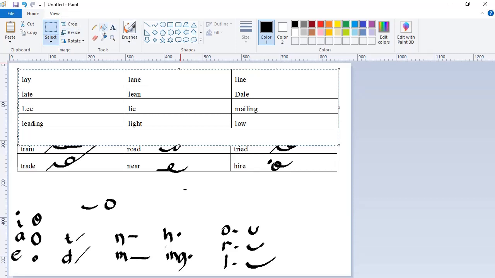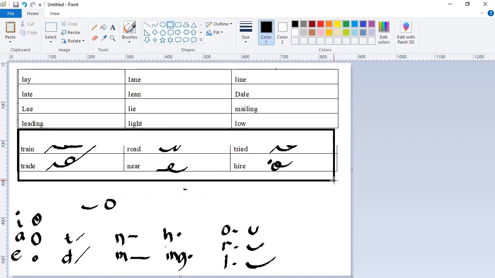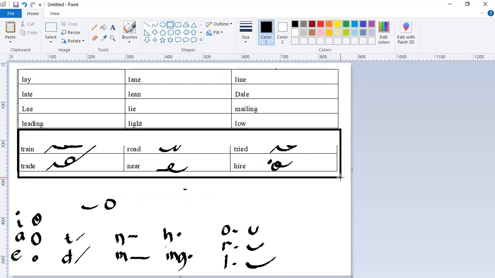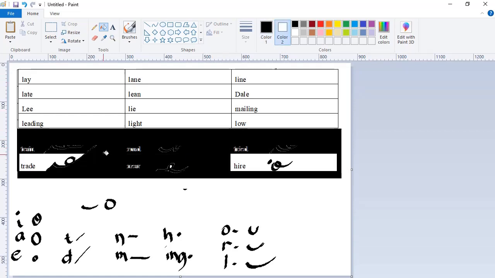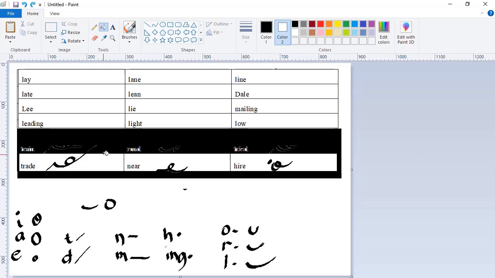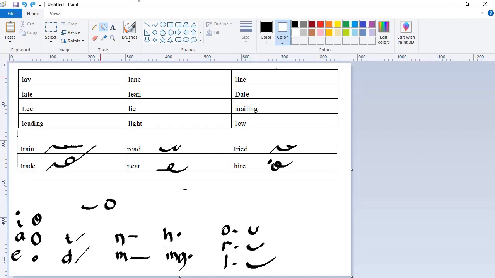Saglit na maglagay tayo ng ano. Ish, ang pangit. I'm sorry about this. So, what we're going to do is just erase it. Bear with me for a while.